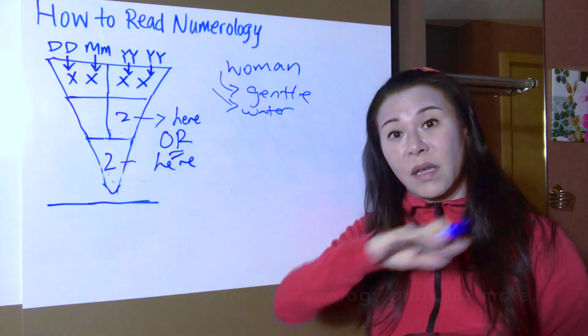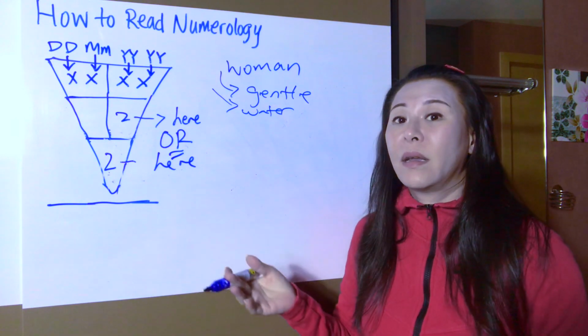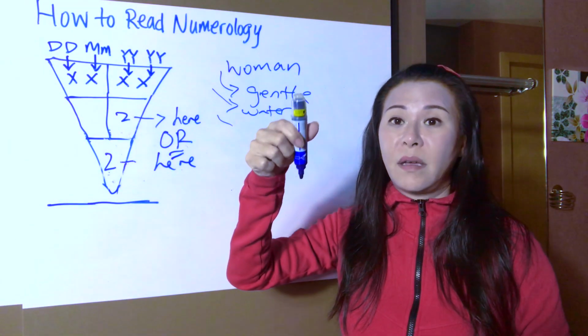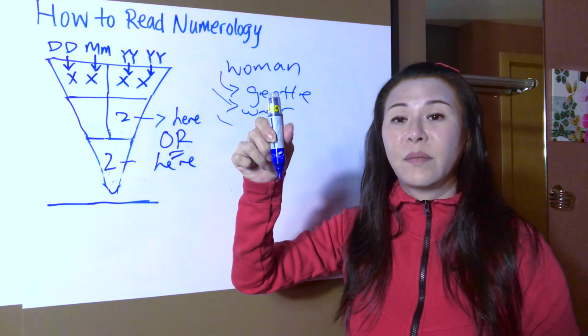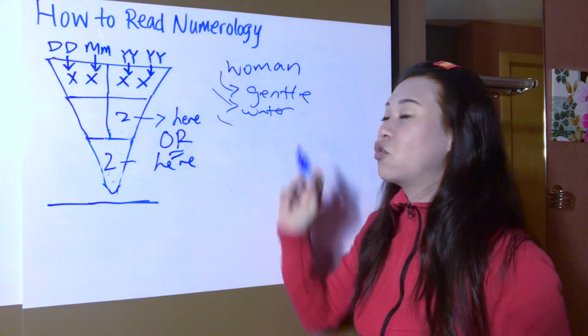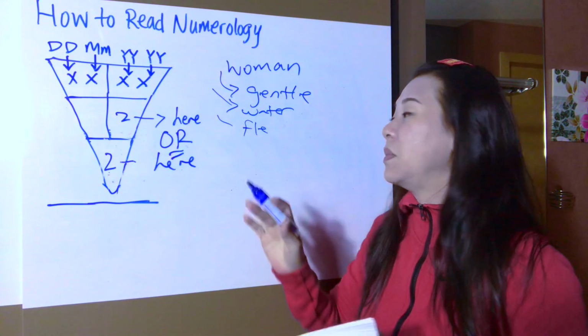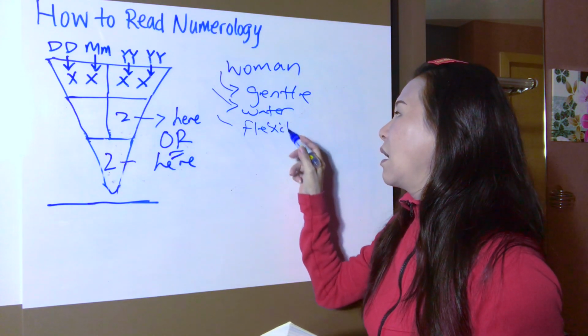Like water, that means what? They are flexible, right? Is 1 flexible, like a pen? Not so flexible, right? But the 2, the woman, will be flexible. The woman characteristic number means the person will be flexible.